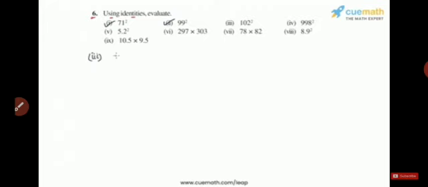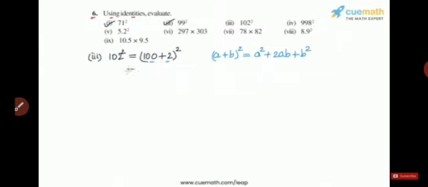102 square. Write it 100 + 2 whole square and applying the algebraical identity a plus b whole square, that is equal to a² plus 2ab plus b². And here a is 100 and b is 2.